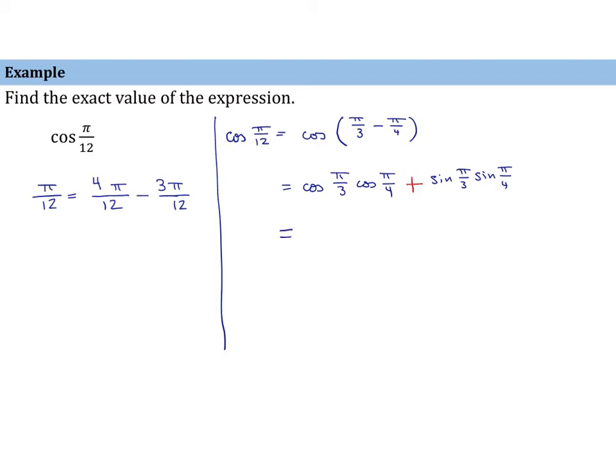Cosine of pi over 3 is 1/2. Cosine of pi over 4 is root 2 over 2. Plus sine of pi over 3 is root 3 over 2. Sine of pi over 4 is root 2 over 2. So we have root 2 over 4 plus root 6 over 4. So we have root 2 plus root 6 over 4.